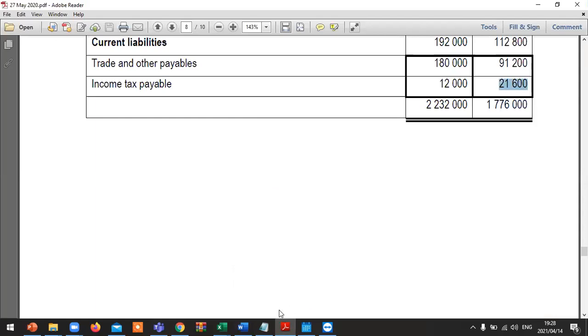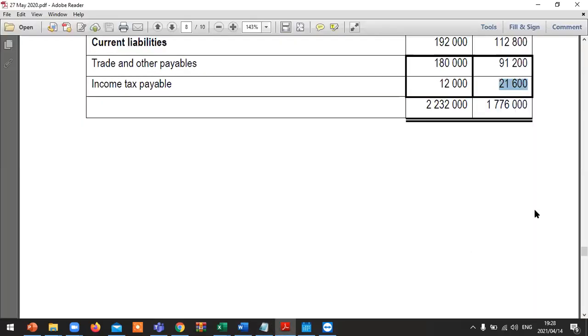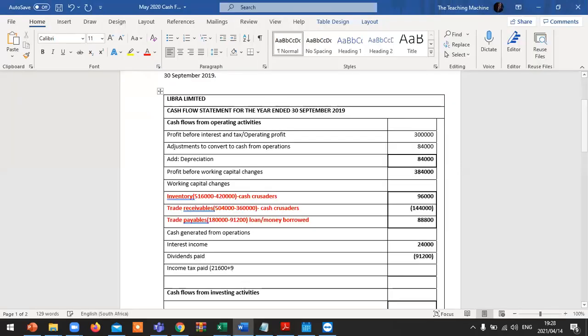This is the previous balance. 21,600. Now, what is the company tax? Let's go. I think it's 96,000. 96,000. Thank you very much. It's 96,000 plus 96,000. And then the current balance, I think it's 12,000, right?